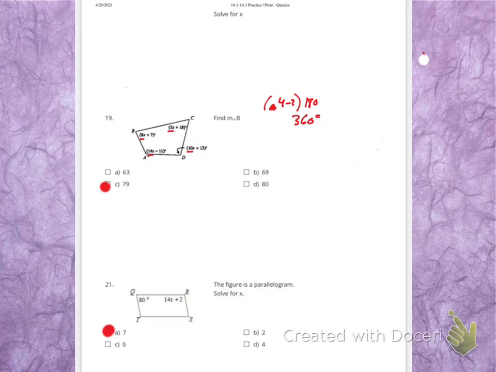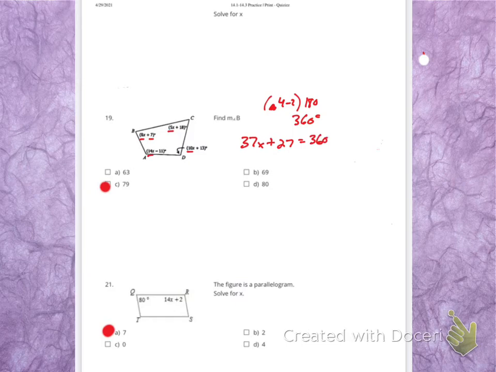And what I get there is 8 plus 5 plus 14 plus 10 is equal to 37. So 37x plus, I'm going to do 7 plus 18 minus 11, and then plus 13. So it's going to be plus 27 equals 360.